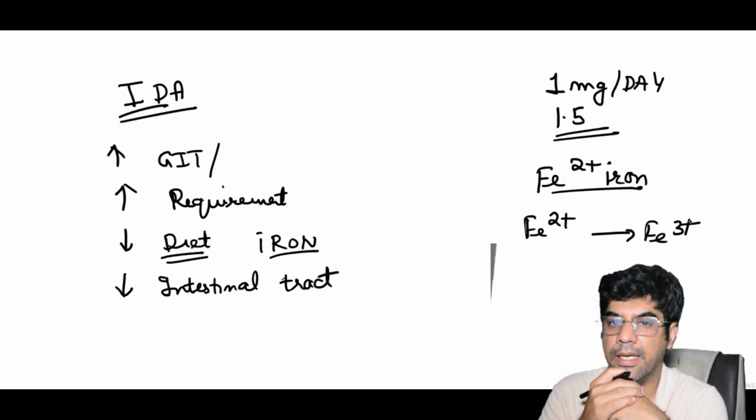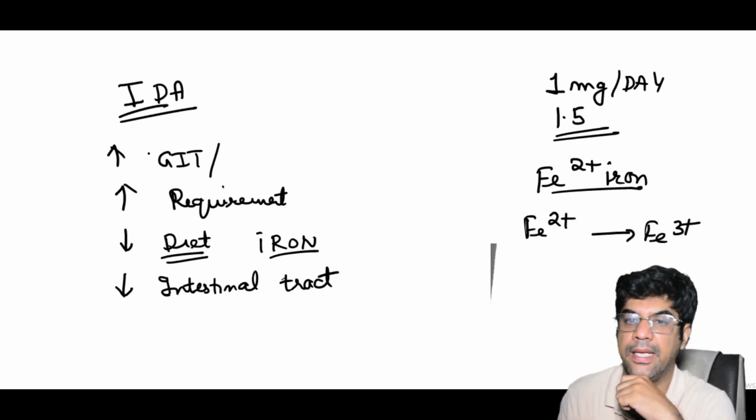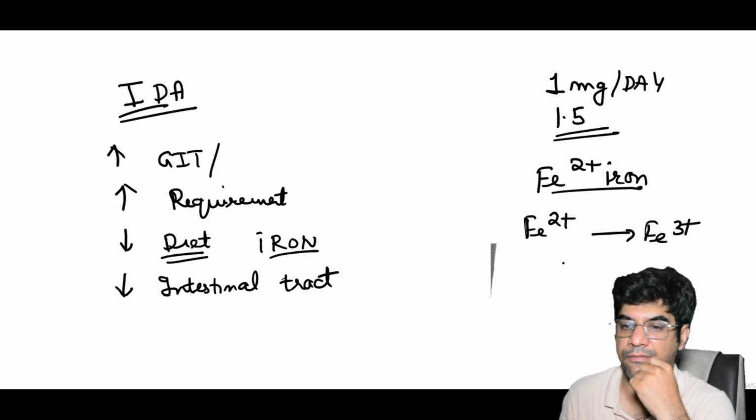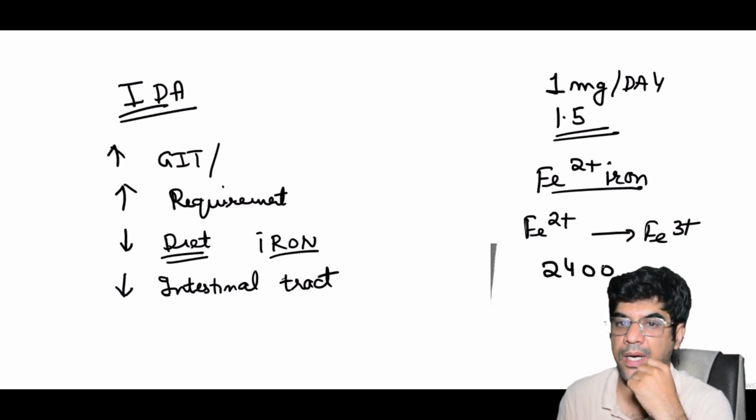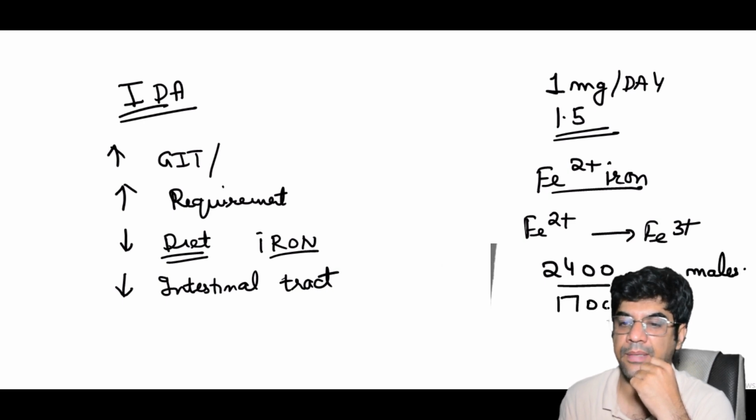The iron is transported to the bone marrow, where it is used for hemoglobin synthesis. Remember, the daily requirement for RBC synthesis is 2400 milligram in males and 1700 milligram in females.